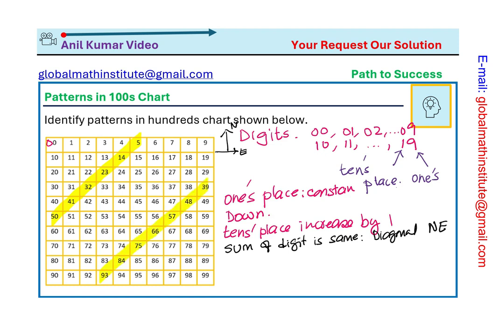If you add the numbers, 3 and 9 is 12, 4 and 8 is 12, 5 and 7 is 12, and so on. Now, what happens when you take a diagonal southeast? In that case, 2 and 1 is 3, 3 and 2 is 5. It doesn't really work. But in this case, the difference is constant.